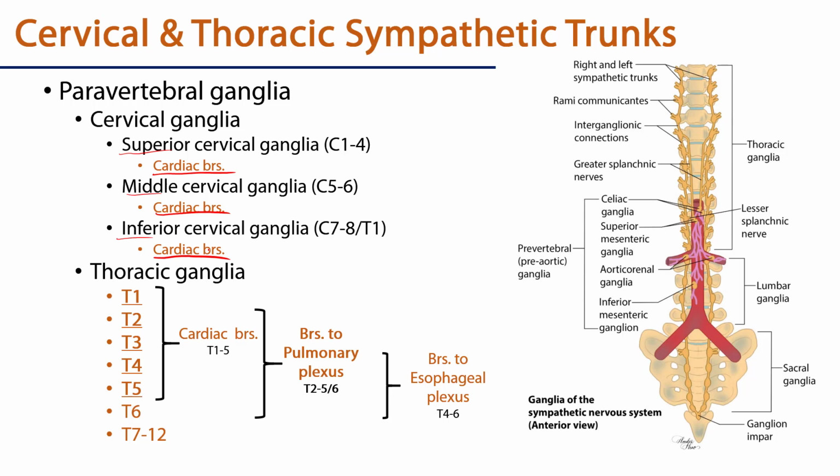And then there will be cardiac branches from the second, third, fourth, fifth, and sixth thoracic ganglia that are heading to the pulmonary plexuses, as well as likely branches from T1 via the cardiac plexus, which is a minor portion of the sympathetic supply, but probably there as well. But we typically think of the sympathetic flow to the pulmonary plexuses as being T2 through T5, and sometimes T6.